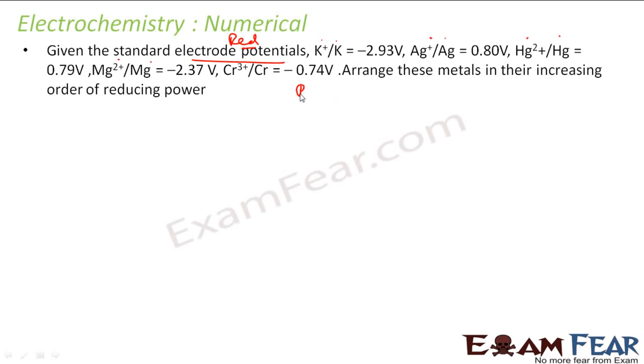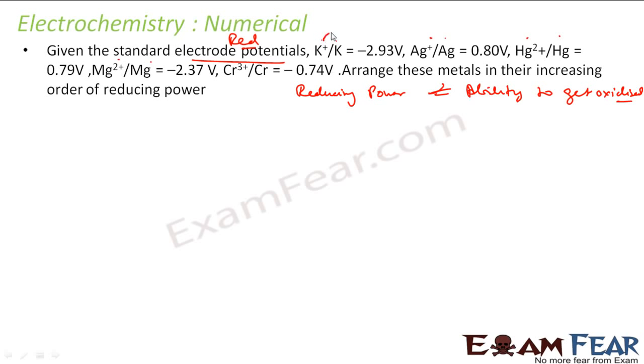See, reducing power is what? Reducing power is ability to reduce others. That means ability to get oxidized, correct? See, the one which will get oxidized on its own will reduce others, right? So ability to get oxidized.